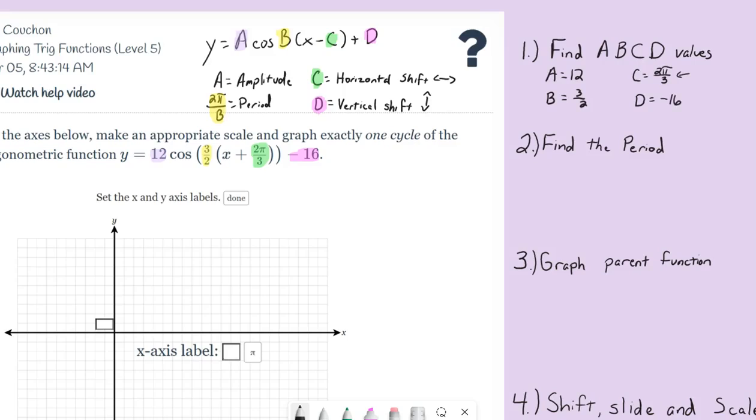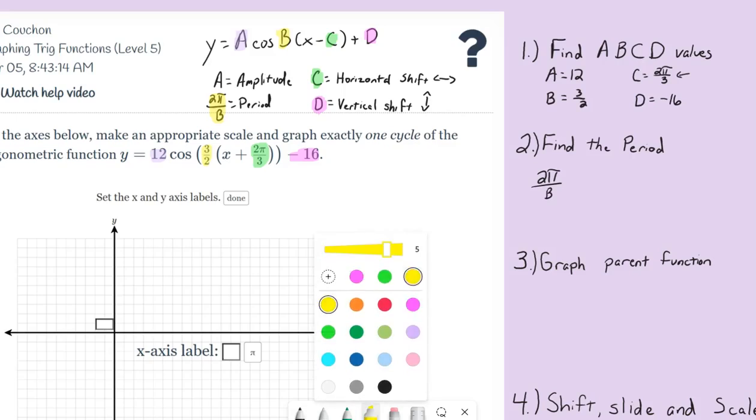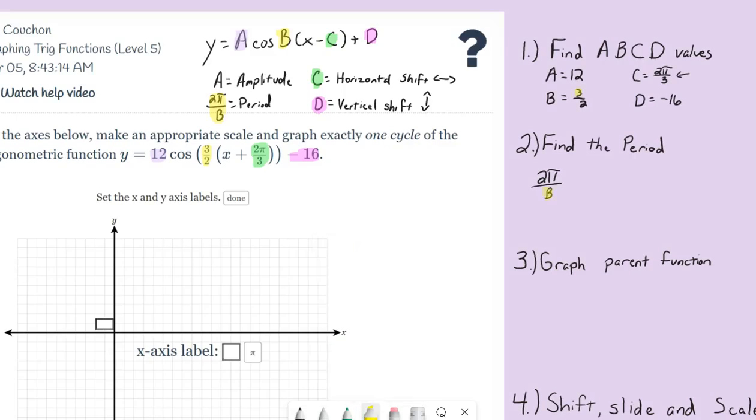Okay. Now before we start doing any graphing, let's find the period. And to find the period, remember the period is 2 pi over b. We've already said that the b value is 3/2. So to find the period, all I have to do is take 2 pi over 3/2.